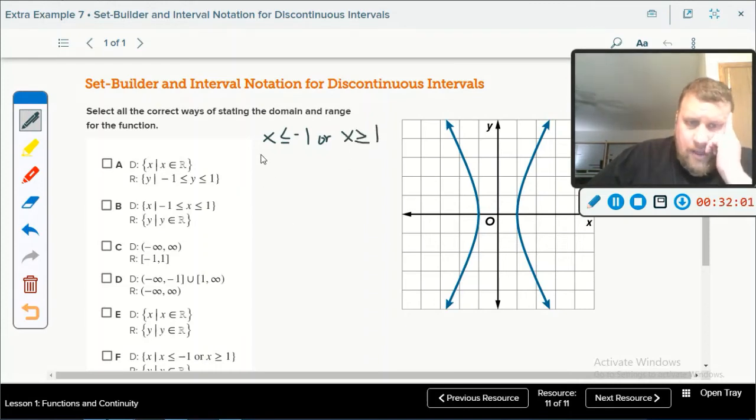If I were to write that in set builder, it would be all x such that x is less than or equal to -1, or x is greater than or equal to +1.